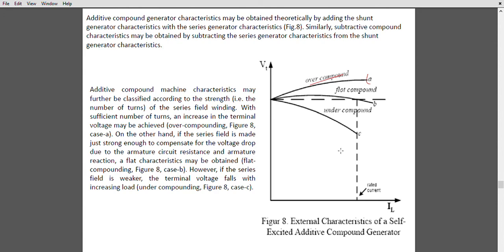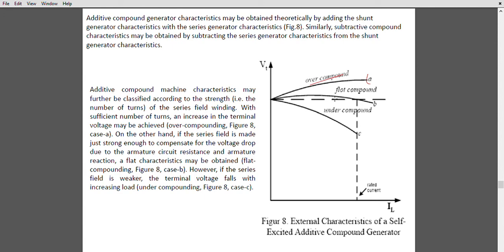If the rated current of the machine is represented by this dotted line, and the rated voltage by this dotted line, we can see that it will continue in its ideal condition only if case B is satisfied. Otherwise, it will follow either the over compounding characteristics or the under compounding characteristics, if there are more or fewer coils in the series field.